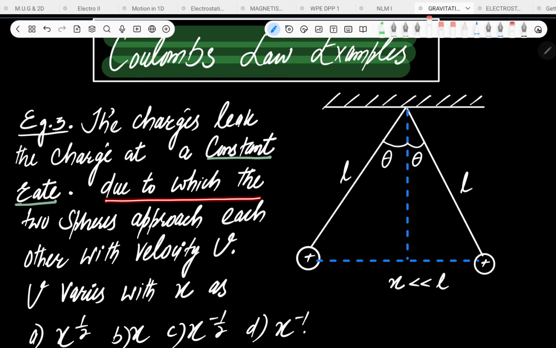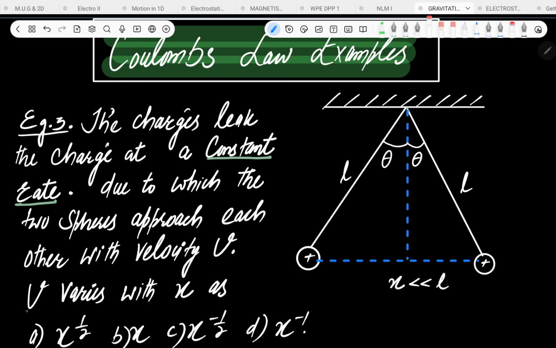Due to which the two spheres approach each other, obviously they will come closer to each other. Why? Because when the two charged particles leak charge, the magnitude of charge decreases, the electrostatic force of repulsion decreases, and hence they will come closer to each other with a velocity that is given to you, that is v, with velocity v.